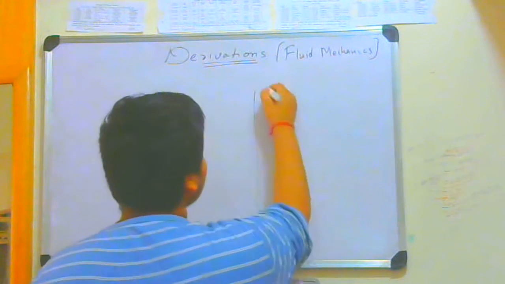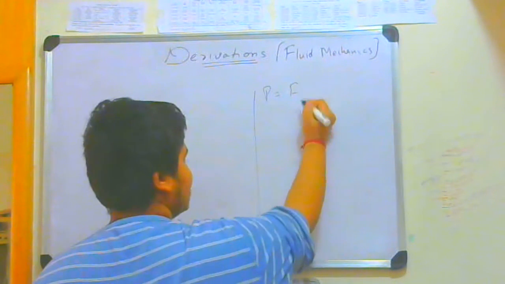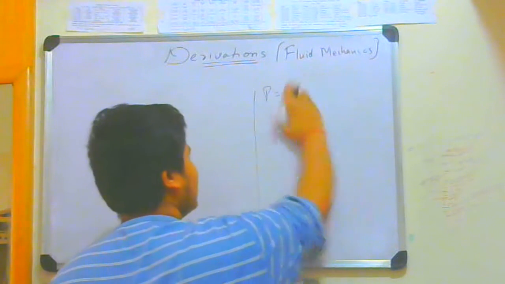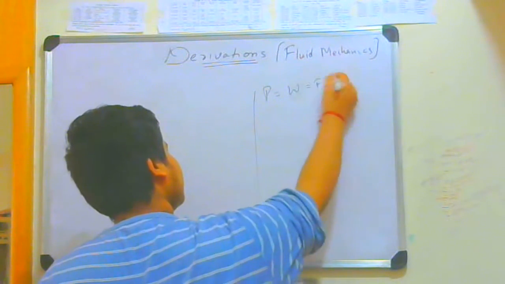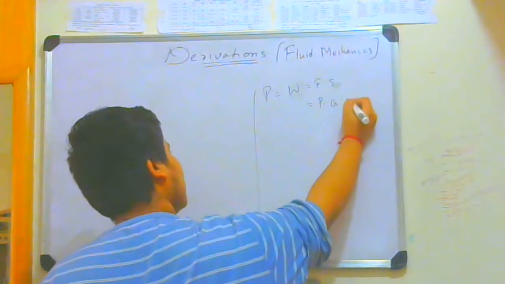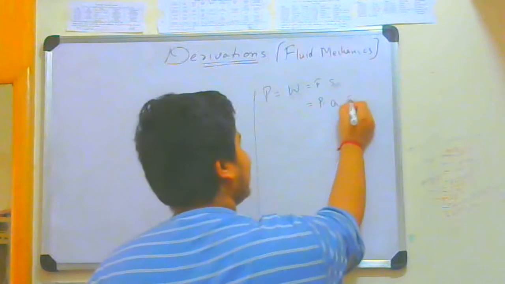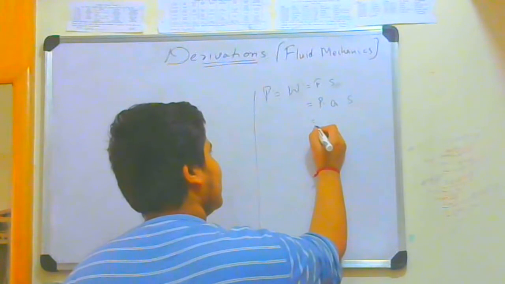So first pressure energy. So pressure energy क्या है? That is nothing but energy is nothing but force, that is work done. W, which is equal to force into displacement. और यहाँ पे force क्या है? Pressure into area into displacement.